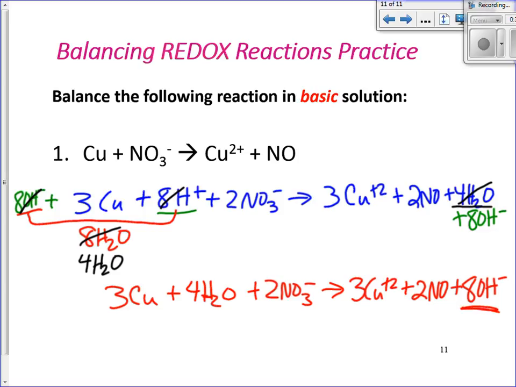So the hydroxides are in there telling you that obviously it's in basic solution. So you do everything the same and then you add in the hydroxides at the end. So that's the basic gist of how to do the basic solution balancing. Okay?